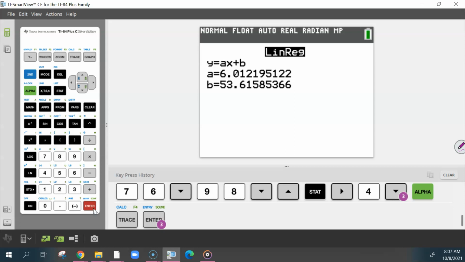So we're going to write in y equals, rounded to 2 decimal places, 6.01x plus 53.62. So that would be your line of best fit. I probably should have written that all on the white part, my bad.